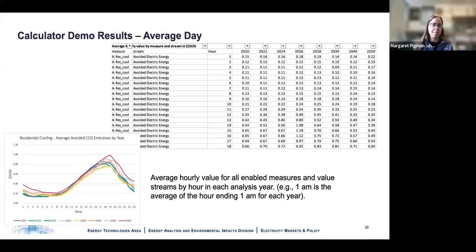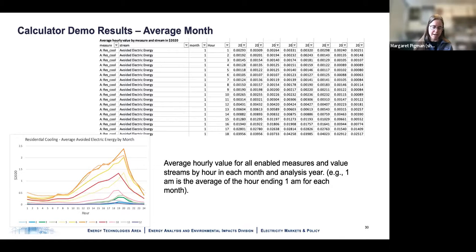So the average value for the hour ending at 1 a.m., the hour ending 2 a.m., etc. And in this graph, I've chosen just avoided CO2 emissions by year over time for the residential cooling. But you could slice and dice it however you would like. Next slide, please.